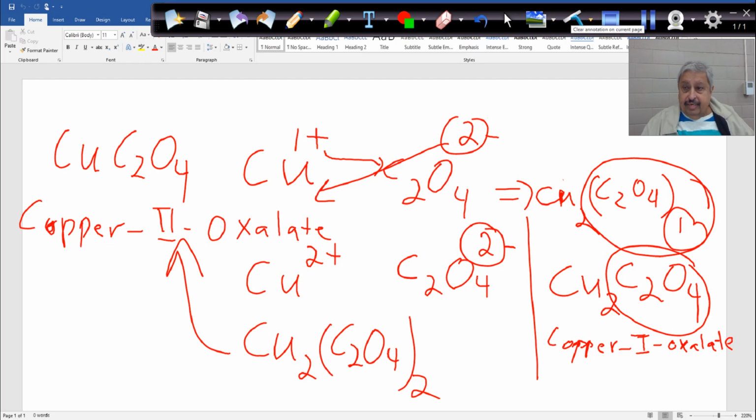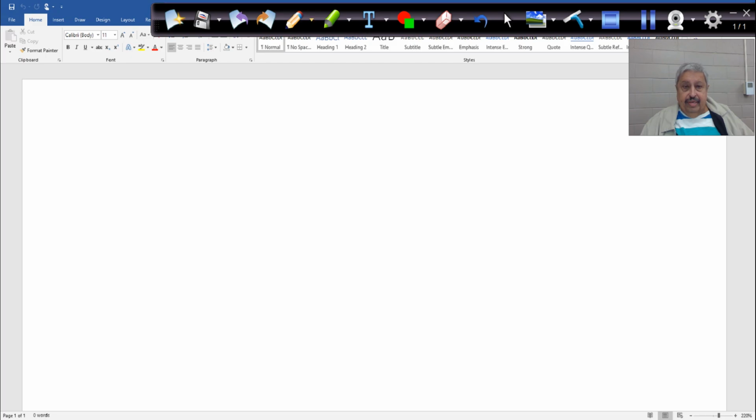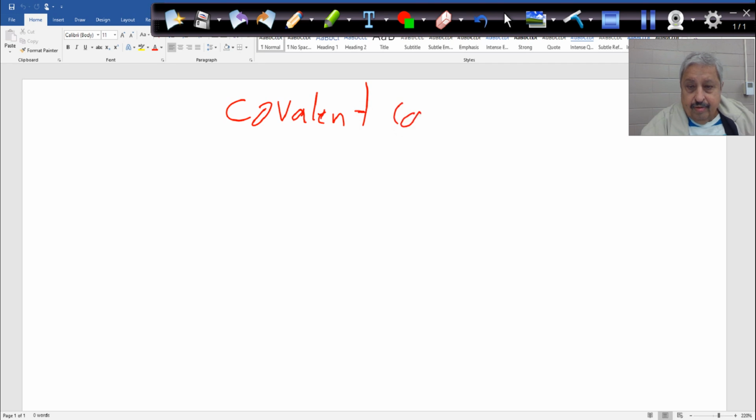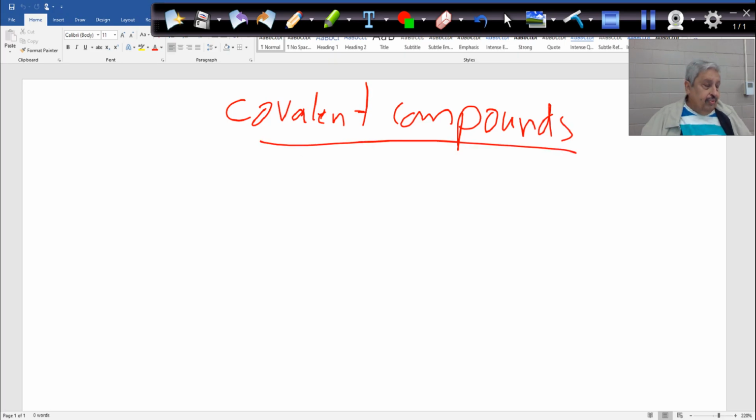So, can I take this one out? Well, then the next one here is how to name the covalent compound. The covalent compound, as we mentioned, is a combination of nonmetals together, correct?